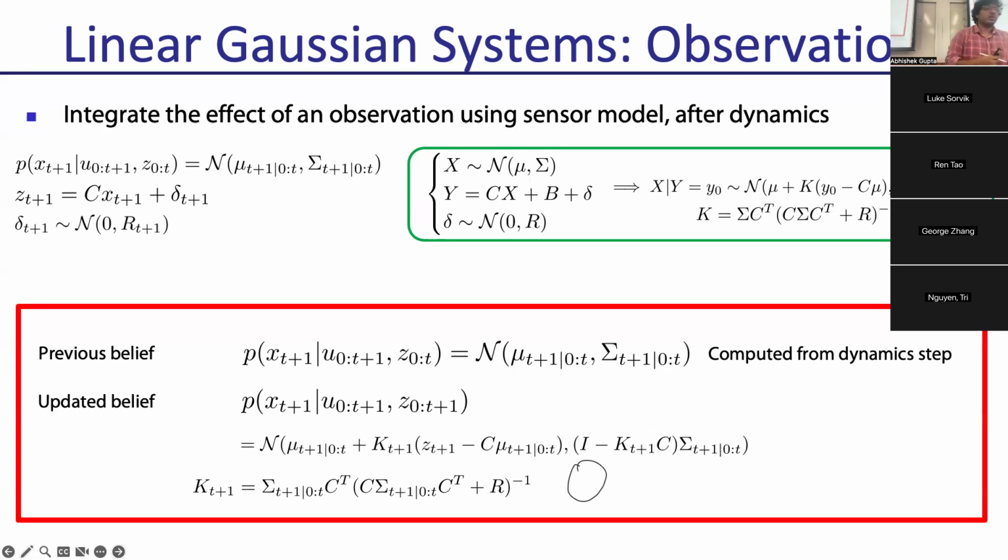Good one. They were the measurement that kind of reweighs particles.